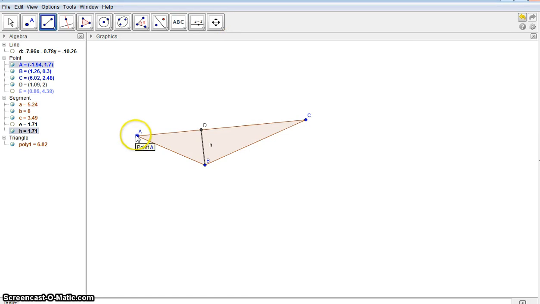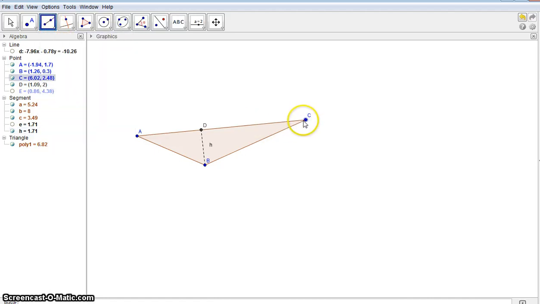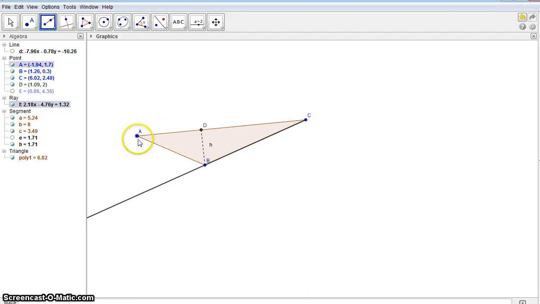Now I need a segment from A to the line containing the opposite side that is perpendicular to the line containing the opposite side. Well, let's just snap a ray through here to extend the opposite side. And that's because we need a line perpendicular to this. That's not going to land inside the triangle.